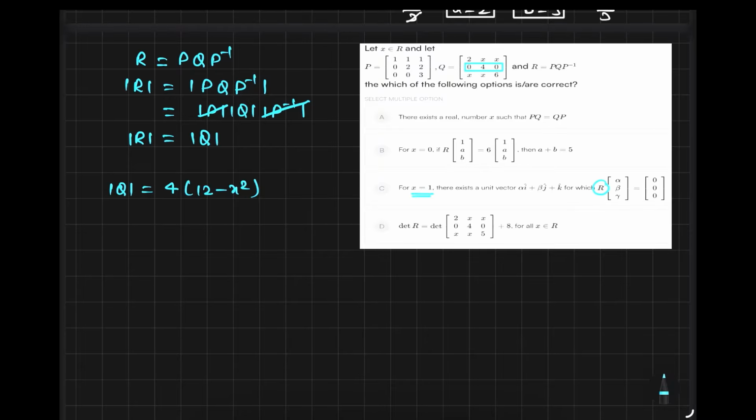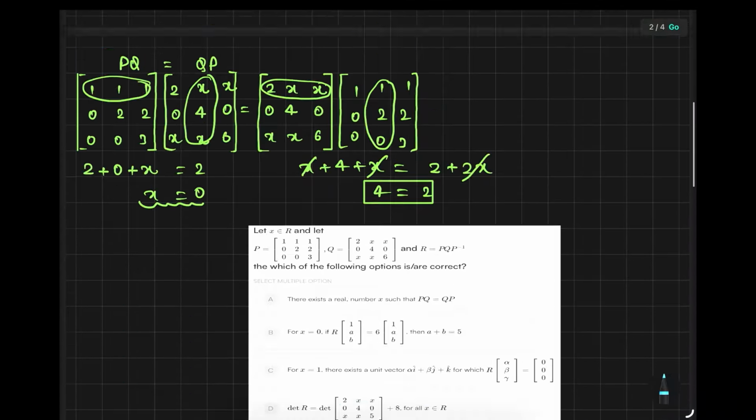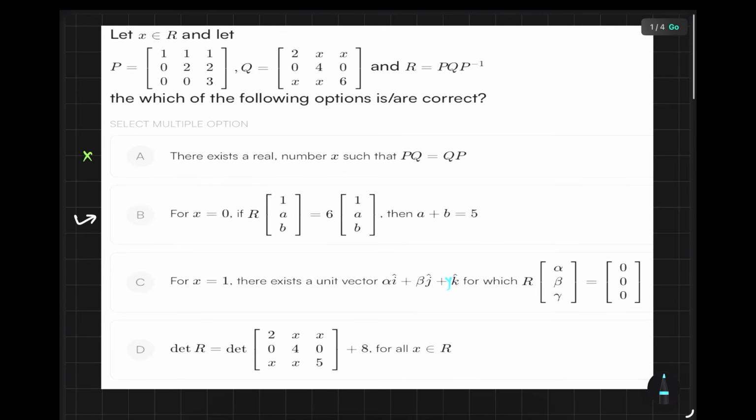This means the determinant of this thing is not 0. So if it is 0, then only you will have 0 now, because this cannot be 0 under this condition, because it is a unit vector. Correct? So this means option C is wrong. Okay, option C is wrong.